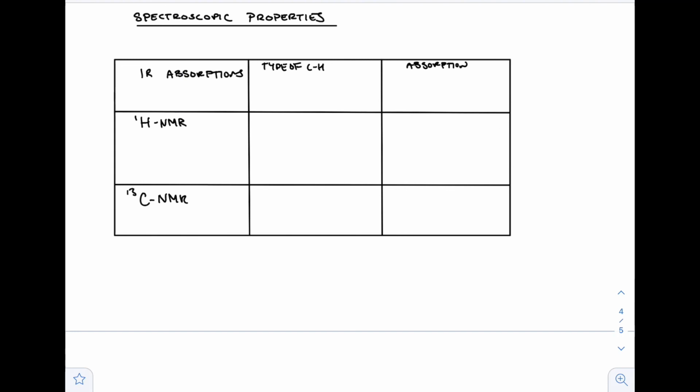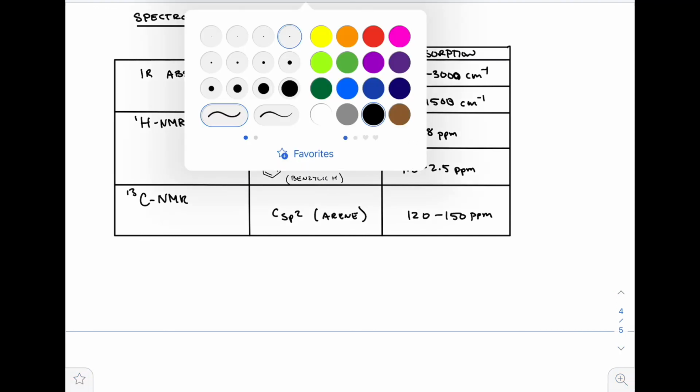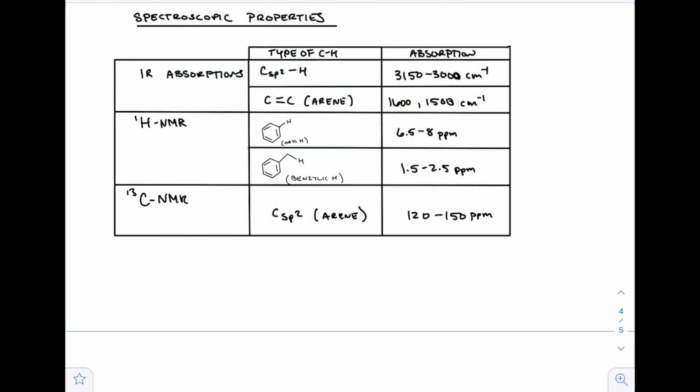Pause it, try and fill it out, and blam, that's all of ours. So we got the C-sp2 hydrogen, the carbon-carbon double bond, etc. So know this chart and where those absorptions are for their corresponding CH or CC.